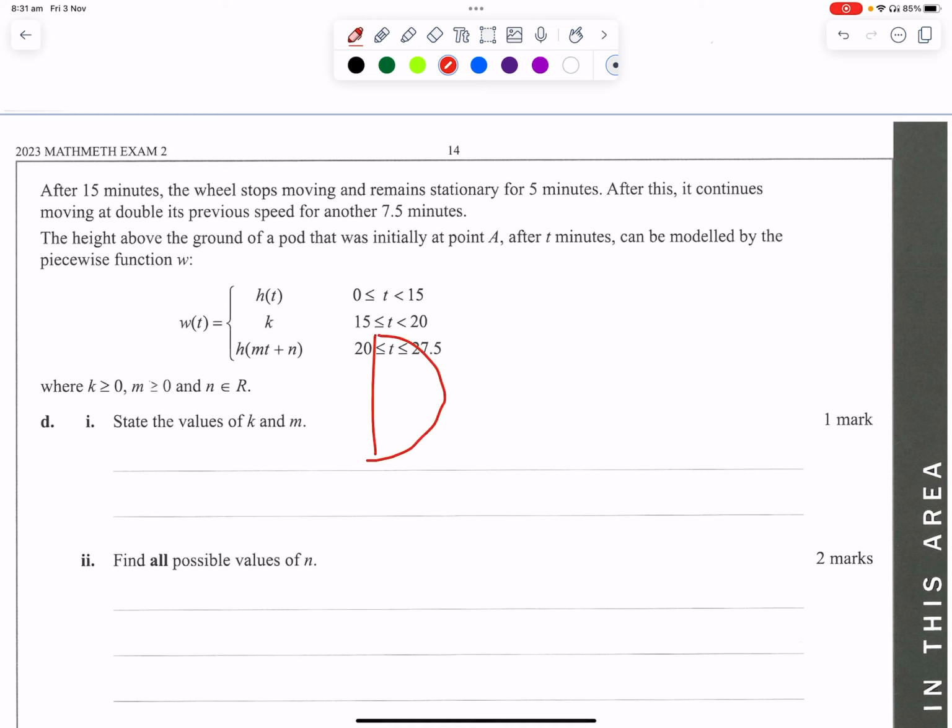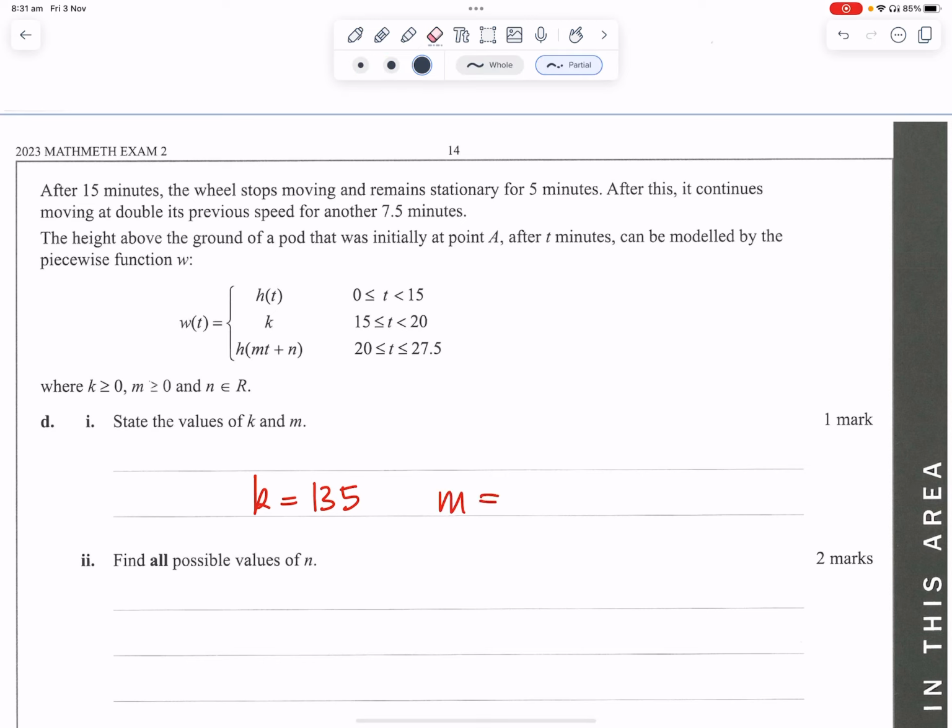So it's going to be at its maximum. So K is 135 minutes. And M, if we double the speed, the time's going to be twice as quick. So M has to equal 2.